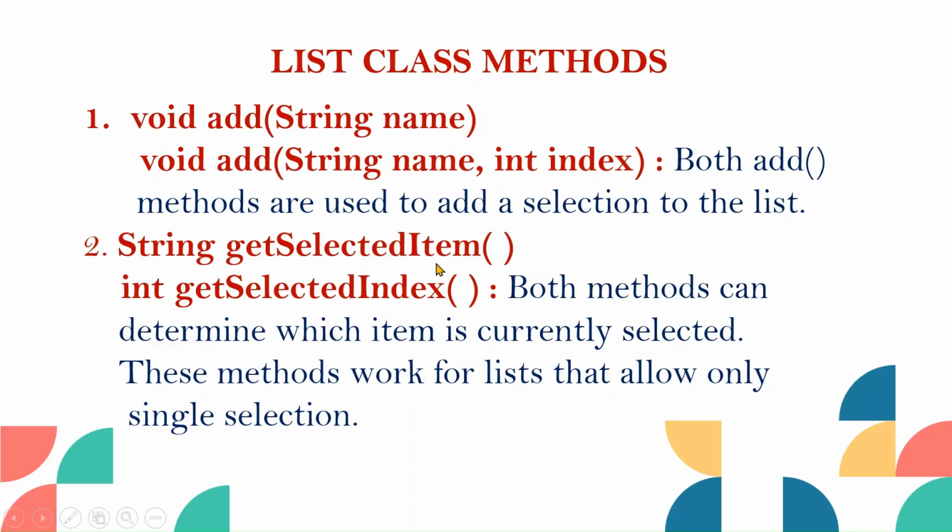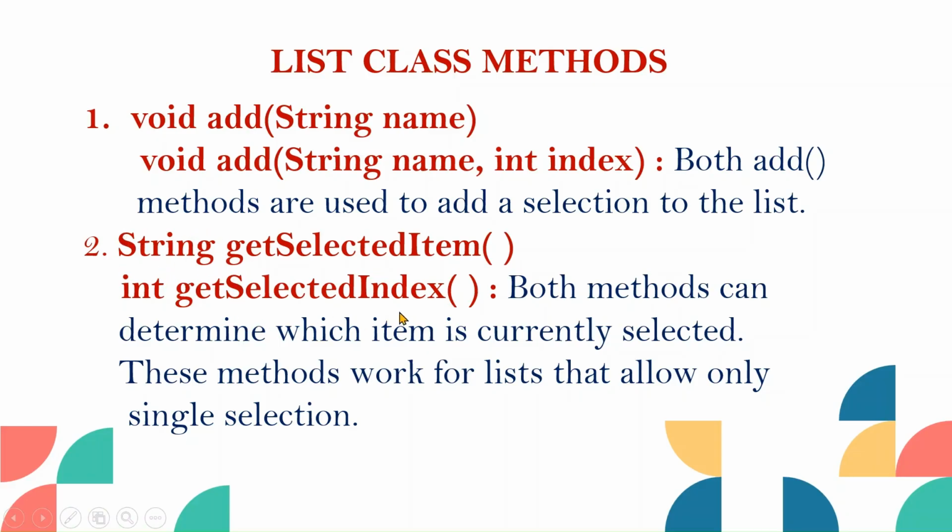Now here we have getSelectedItem and getSelectedIndex. When you talk about getSelectedItem, it is going to return a String. So in the list box, we have some items and you select any particular item. This is only applicable for single item selection. So that string will be returned, whatever you have selected.